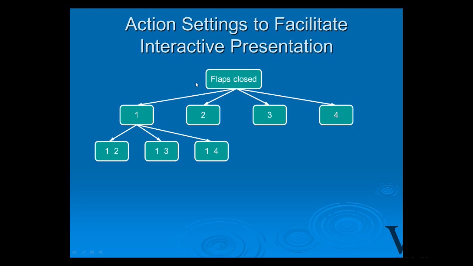Starting with slide 2, I also need 3, but fortunately I have 1 already. Because where flap 2 and 1 is open, it doesn't matter if you open 2 first or 1 first. The 2 flaps are open.